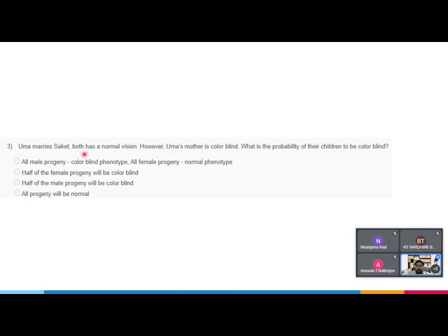When passed down to Uma, she has normal vision, so she received a wild type X chromosome and is heterozygous for colorblindness, whereas Saket would have a wild type X chromosome and a Y chromosome. Now we have to see how many of the children are colorblind. The hint is that color blindness is X-linked recessive. So I would like everyone to try and answer this.